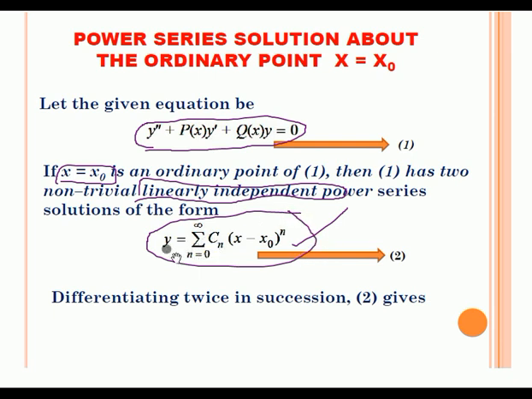So I can substitute this y value in the given differential equation. Obviously it will satisfy it, meaning left hand side is equal to right hand side. If I substitute the y value and equate to 0, then I will determine what c1, c2, c3, c4 are. Guys, remember what we are doing here.